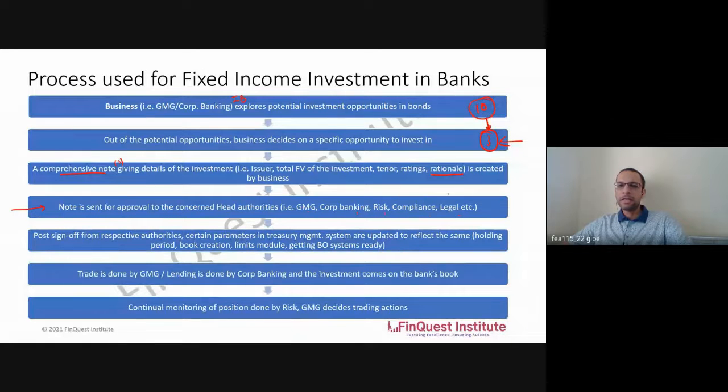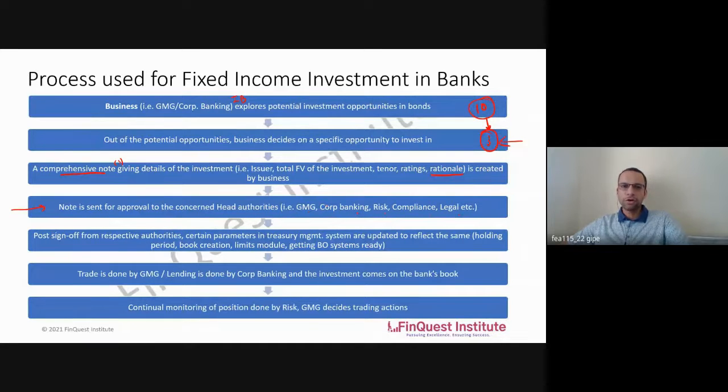Then maybe the legal team may say that the entity with whom you are transacting has had a lot of legal proceedings in the near past, so we would generally be careful to tread that path. We may not want to immediately transact with them, or even if we transact with them, we would want to limit our exposures. So these can be concerns which can be raised by various teams. Once these concerns are raised, they will be discussed and addressed.